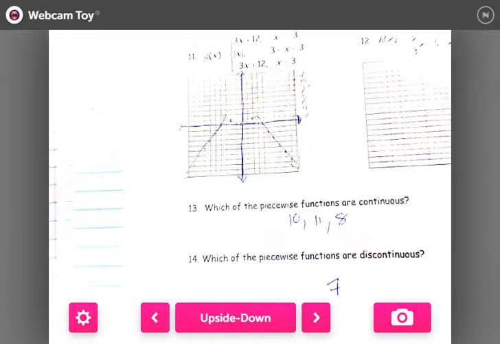Good? That makes sense? Okay. And then remember we're erasing it when greater than or equal to 3, so we have to go over 1, 2, 3.